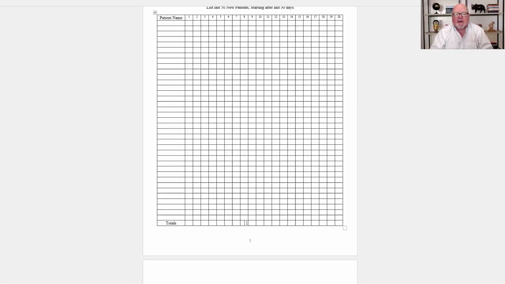That's the bottom line. So the good news about this chart is we can find the major problem. Is it day one? Is it day two? So we already have an idea of what the problem is. If it's day two, it's typically terms. If it's day one, it's not establishing need. If most of the patients are clustered between the 8th and 12th visit, we know it's symptom care.